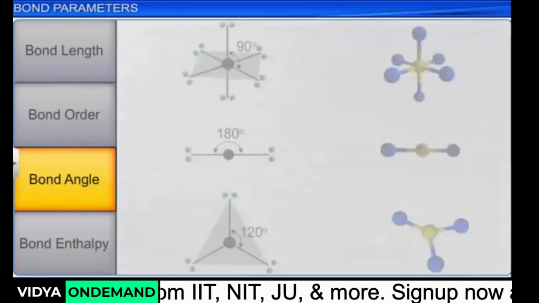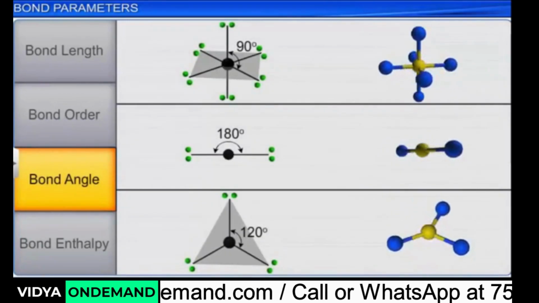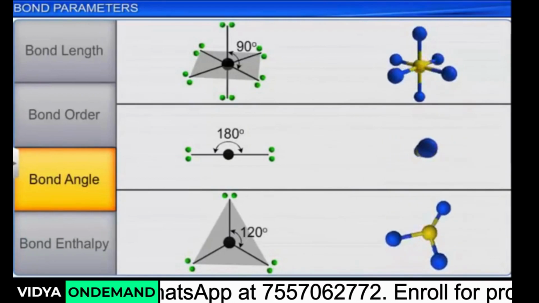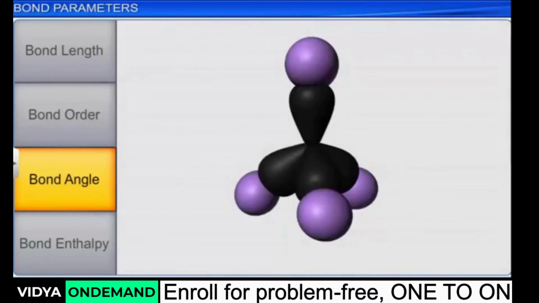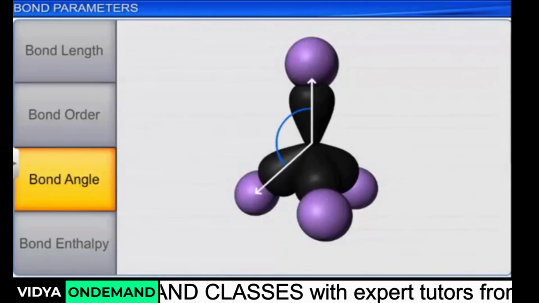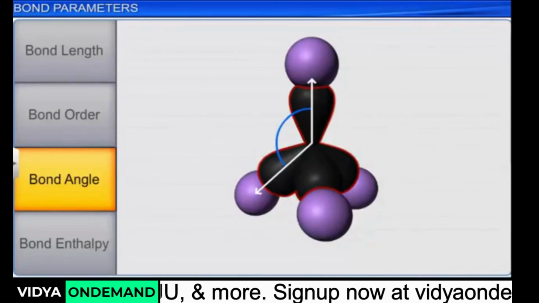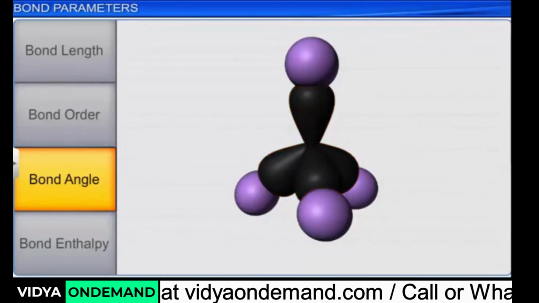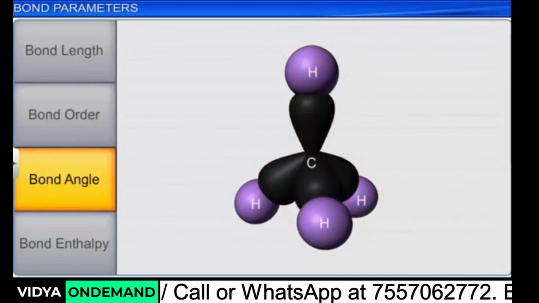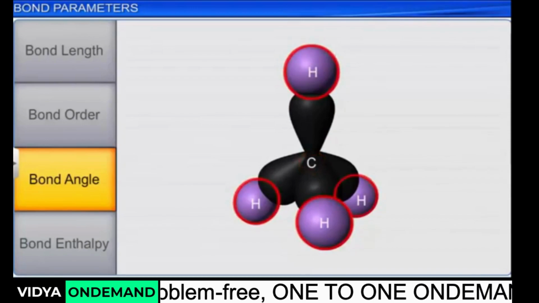It helps us create a three-dimensional structure of the molecule around the central atom. In a molecule, the angle between the orbitals present around the central atom is called the bond angle. In a methane molecule, there are 1 carbon and 4 hydrogen atoms.